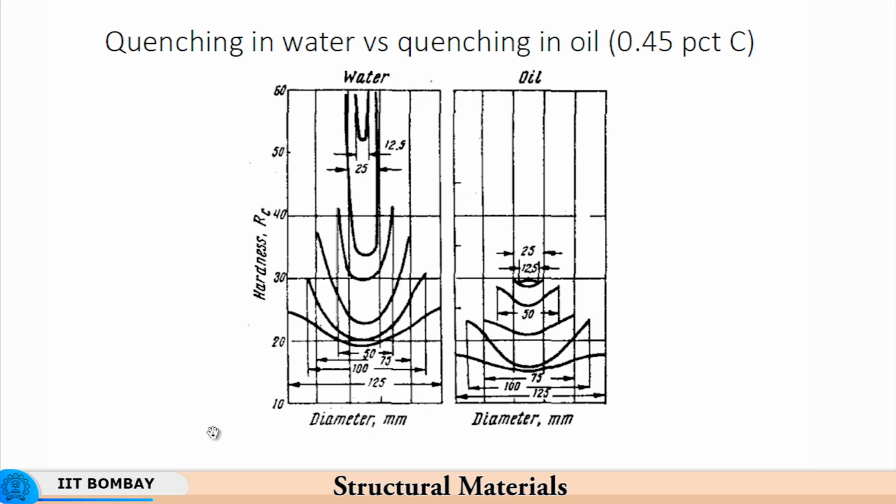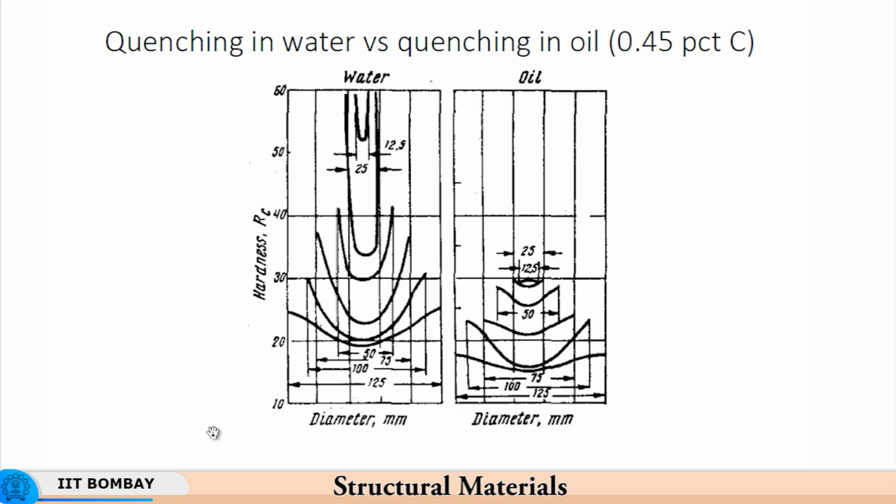With water, cooling is very fast, and as the diameter decreases, the hardness is much greater. If you look at a relatively smaller diameter, the overall hardness is much greater, whereas larger diameters would have a much lower overall hardness, because the cooling rate seen by different regions is different.